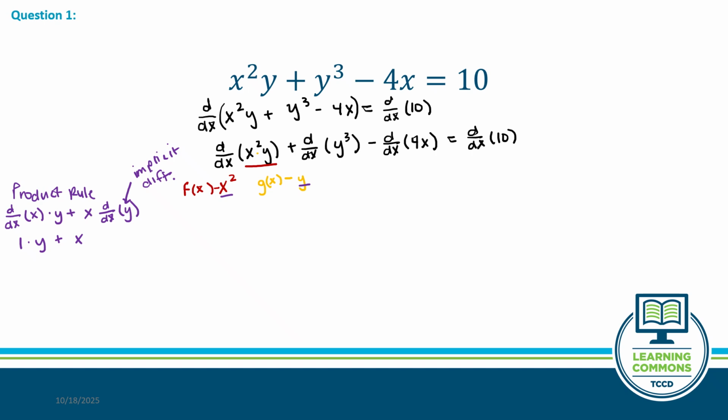So the derivative of y is 1, but now you're going to have dy dx, because now you're deriving y with respect to x. Okay, so I want to simplify that a little bit. It's just going to be y plus x dy dx. Okay, now I've done that. I'm not worried about it anymore. So I'm just going to write that here.